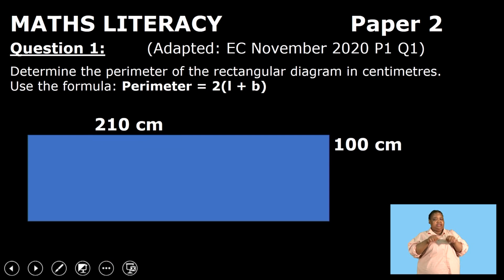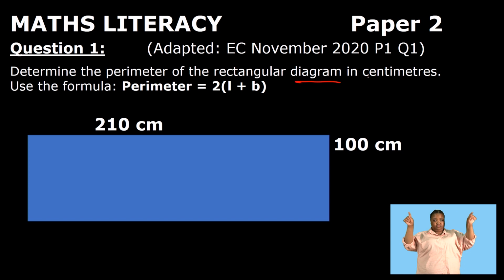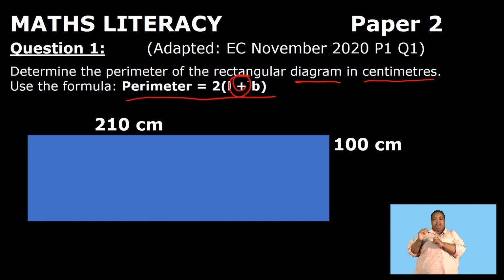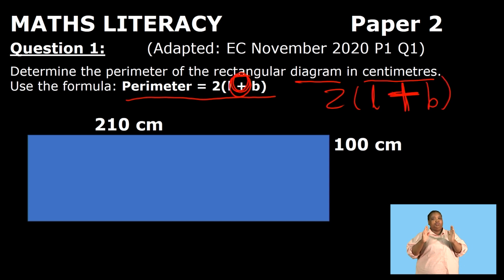Determine the perimeter of the rectangular diagram in centimeters using the formula perimeter is 2 times length plus breadth. Please again pay attention. Your formula says 2 times length plus breadth and not multiply. So don't go and substitute that with a multiplication sign. And then pay attention to the instruction. They want the answer in centimeters.